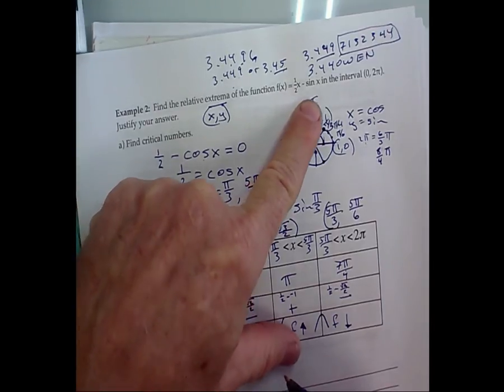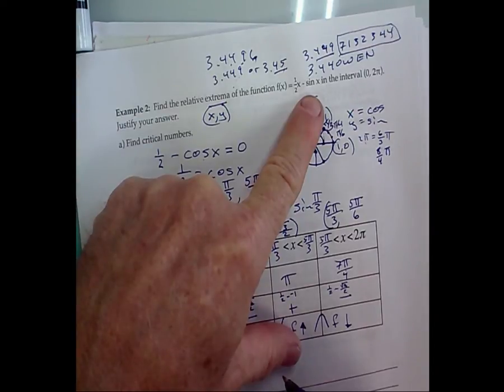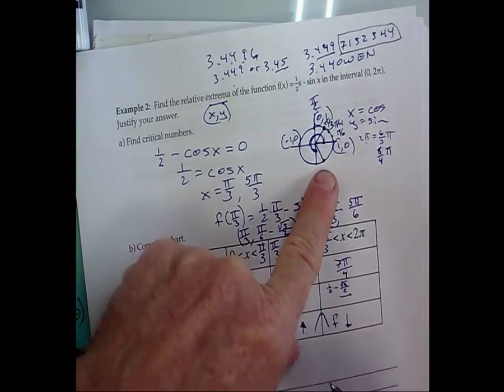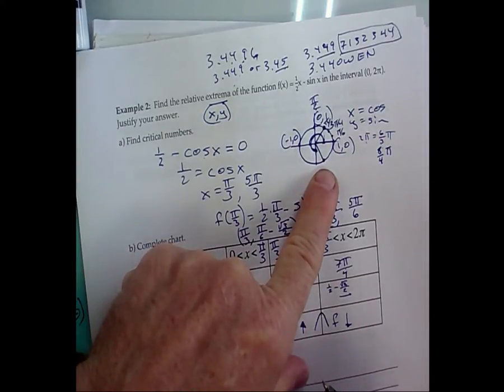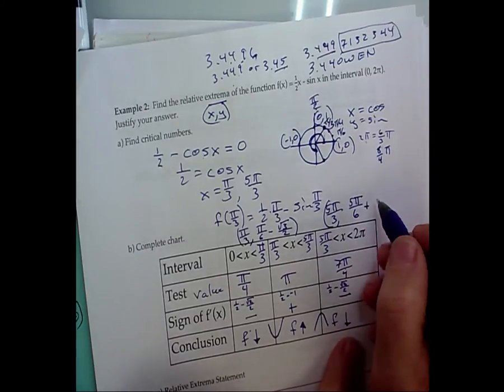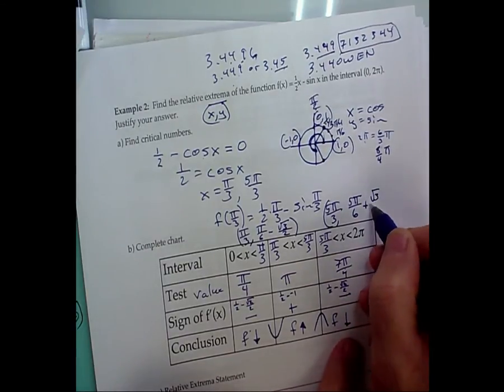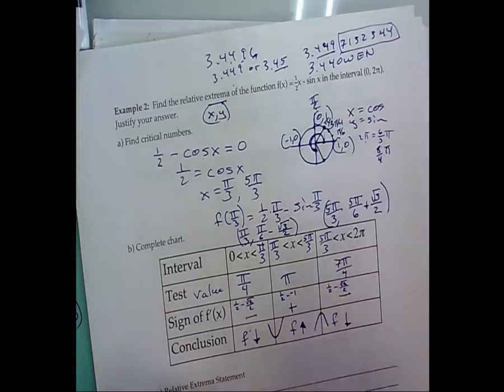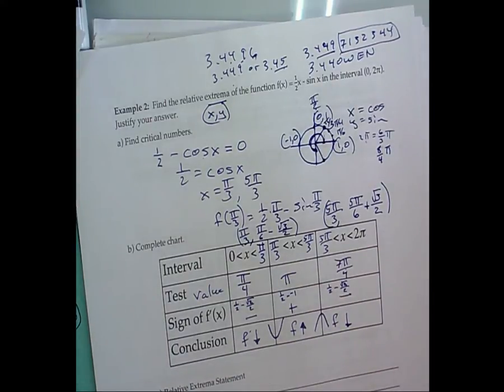Sine is negative in the 4th quadrant. Does everybody see that? It's negative down here. So that's going to be plus the square root of 3 over 2. Okie dokie.